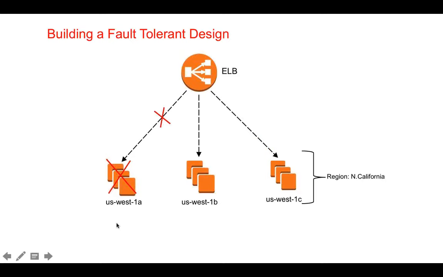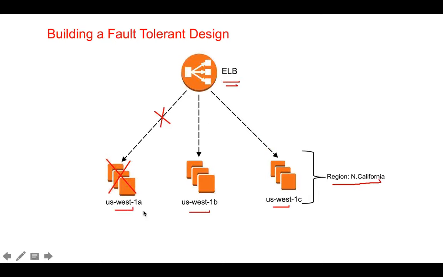You have to keep one thing in mind. A load balancer is specific to a region, which means that it can load balance the traffic across different AZs within the region. A load balancer will never surpass a region. So we have this load balancer in Northern California, and these are the three different AZs reporting to it.